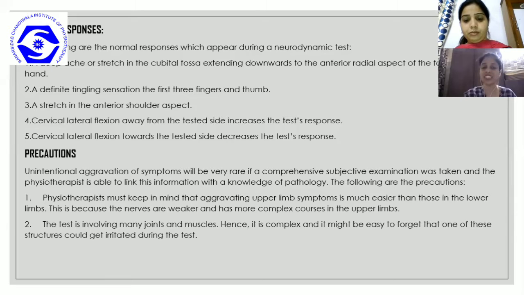A tingling sensation in the first 3 fingers or thumb, that depends on which nerve we are stretching. Stretch in the anterior shoulder aspect. Cervical lateral flexion away from the test side increases the test response, and cervical lateral flexion towards the tested side decreases the test response. So these are the normal test responses which we usually expect.